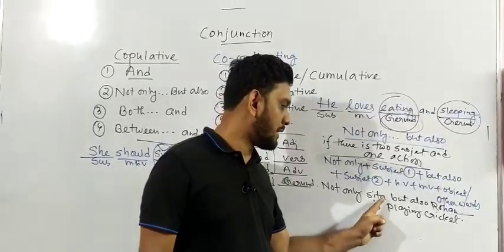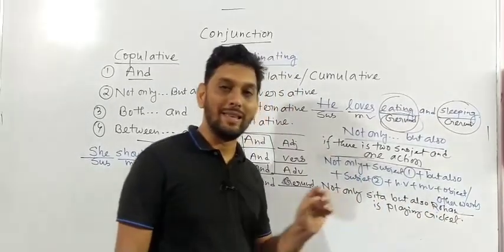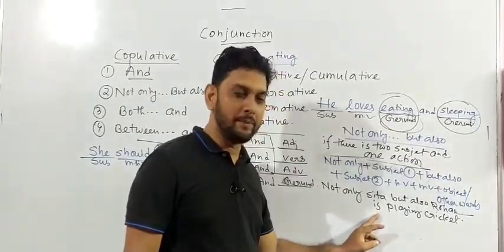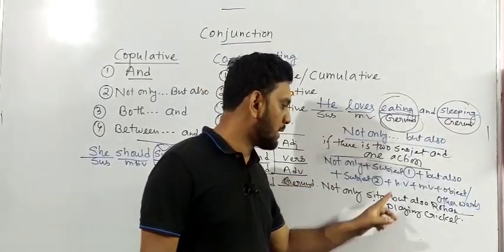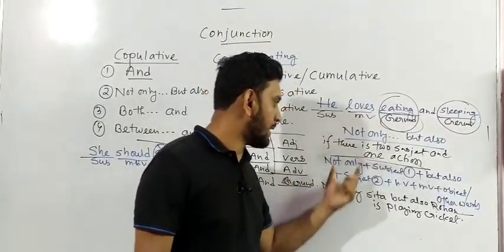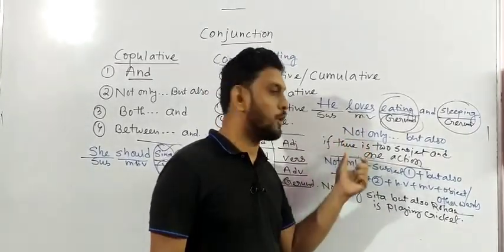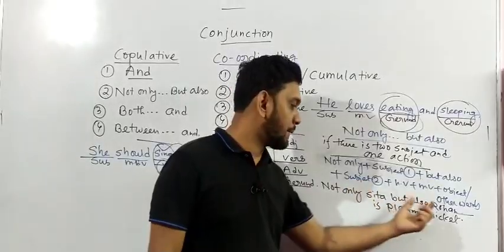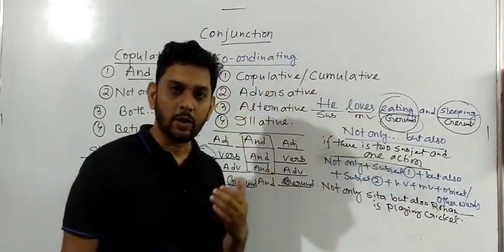Now you might ask me a question: sir, why have you written is over here, even though the subject is Shita and Rohan, so you need to use are? But you should remember that when the sentence is written using not only but also, you have to take the nearest subject, the closest one.